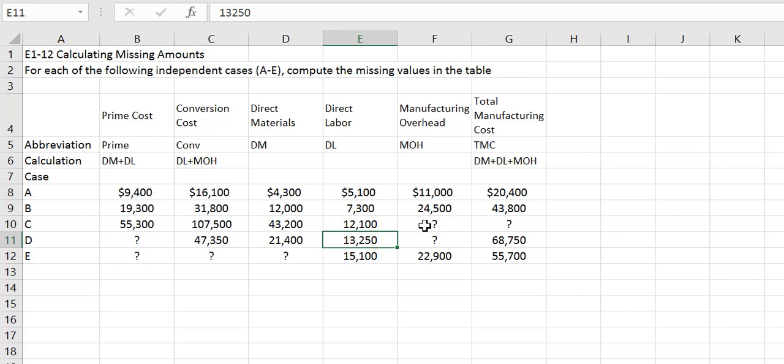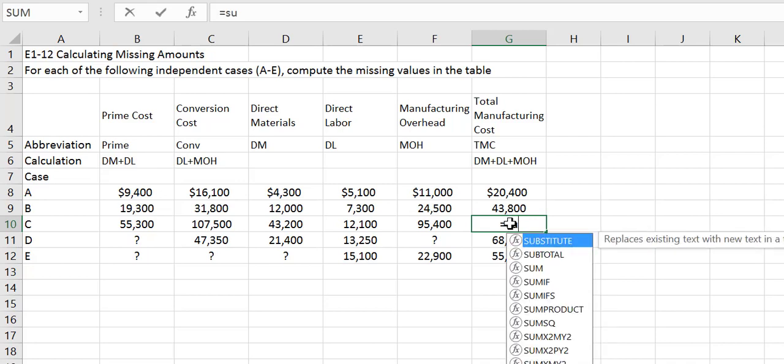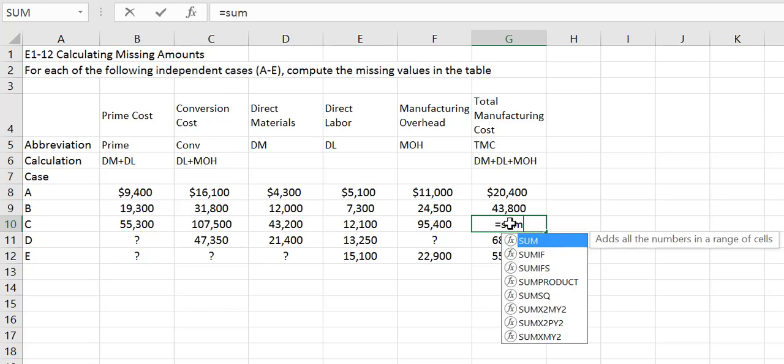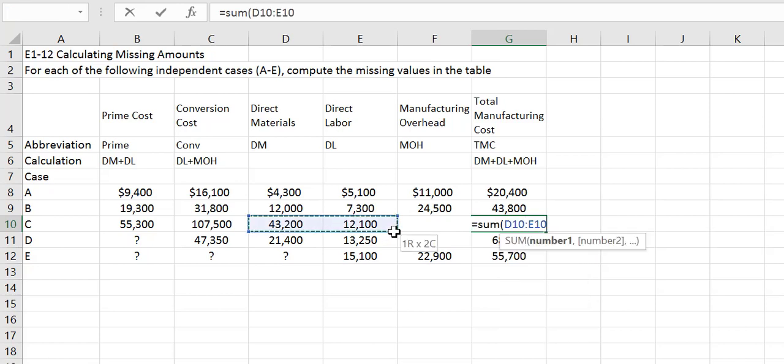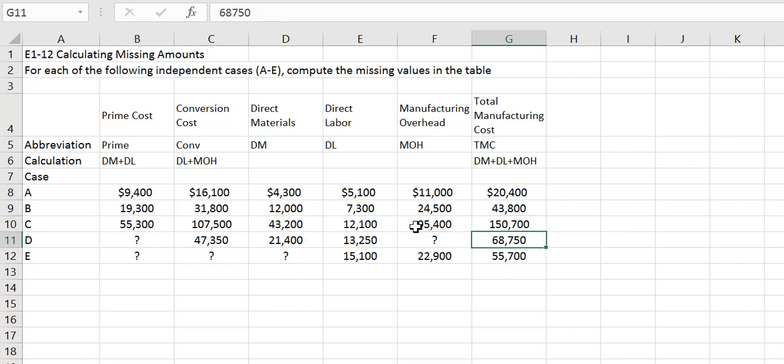We can subtract out now the labor cost from the conversion cost, and that will leave us with manufacturing overhead. And then we can add up materials, labor, and overhead to get total manufacturing cost.